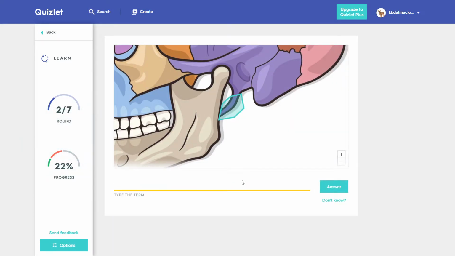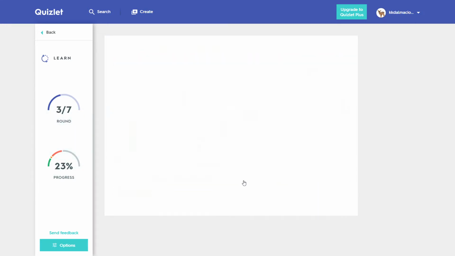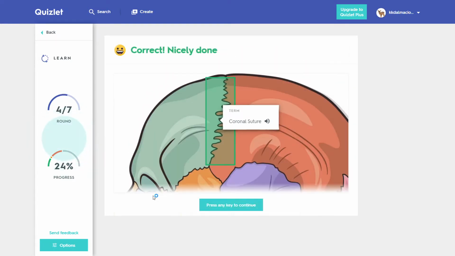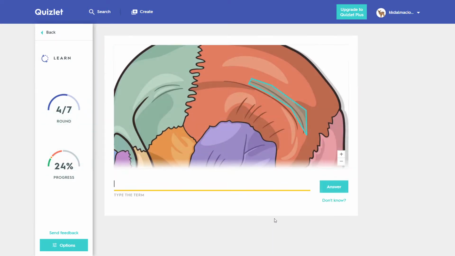Okay, that's the styloid process right there. Yep. Okay, that's the coronal suture. Yep. That is your temporal. Temporal.